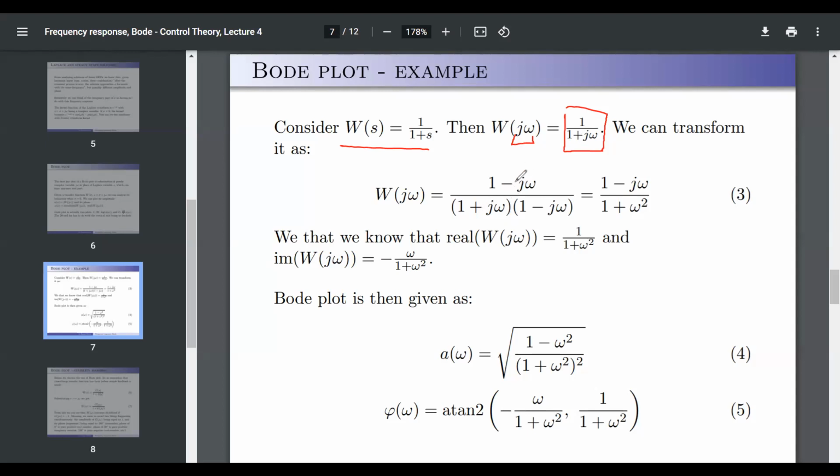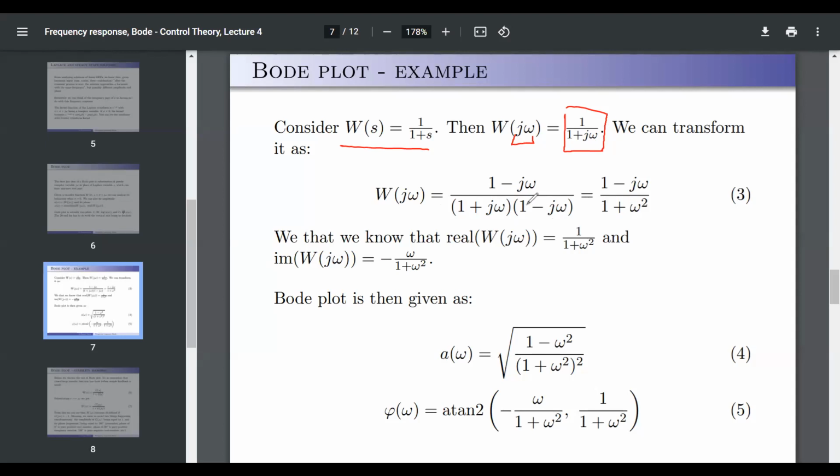We want them to be upstairs. How do we do it? Well, the simple trick is to multiply both by the same expression as downstairs, but with the opposite sign. So here we have 1 plus j omega. We multiply both sides by 1 minus j omega.